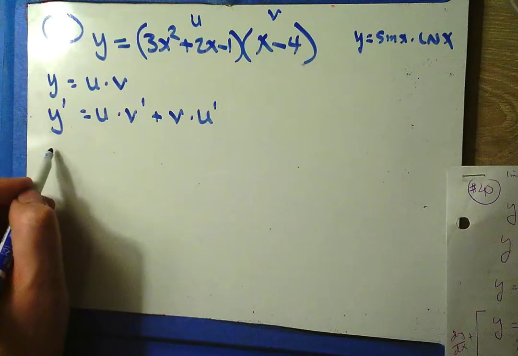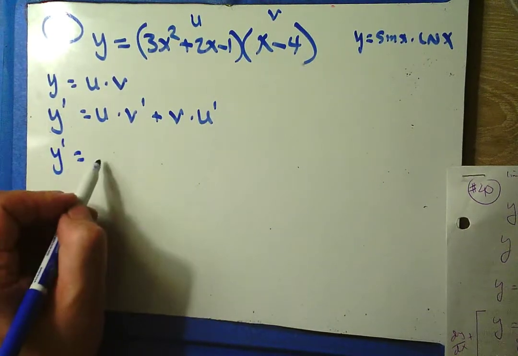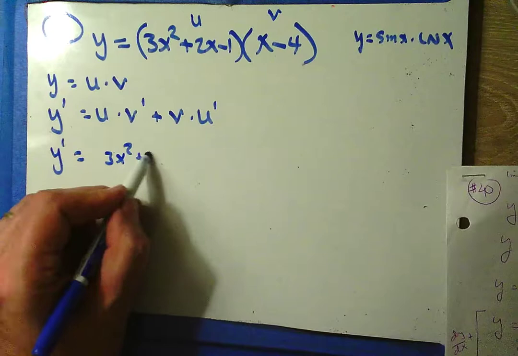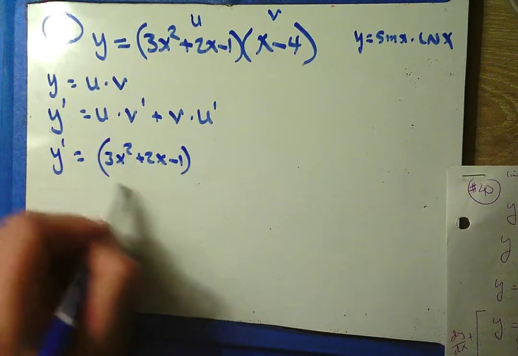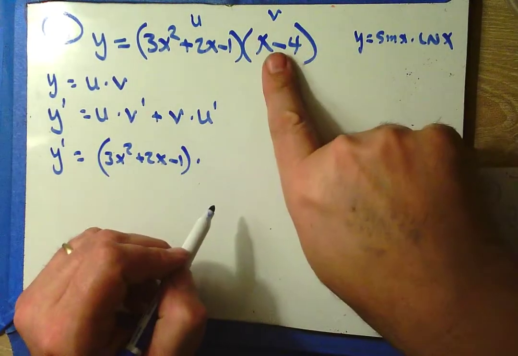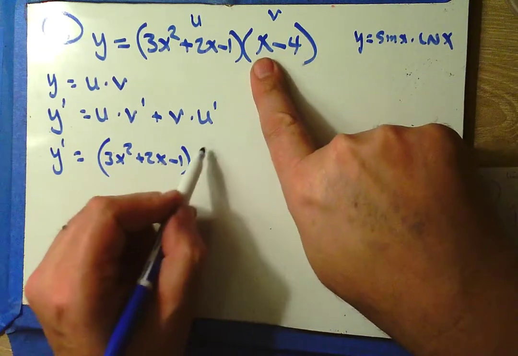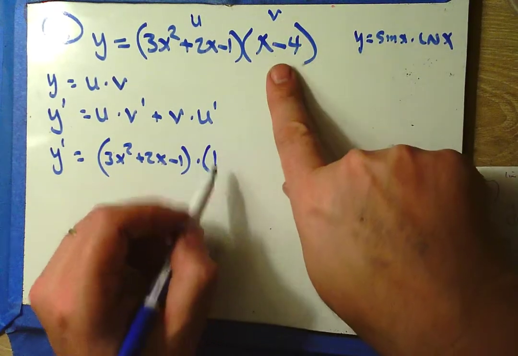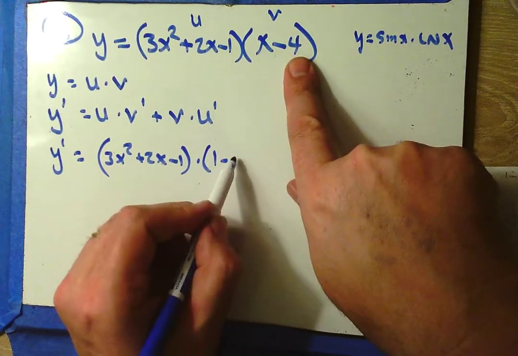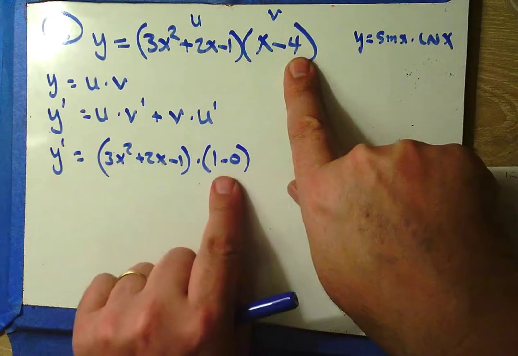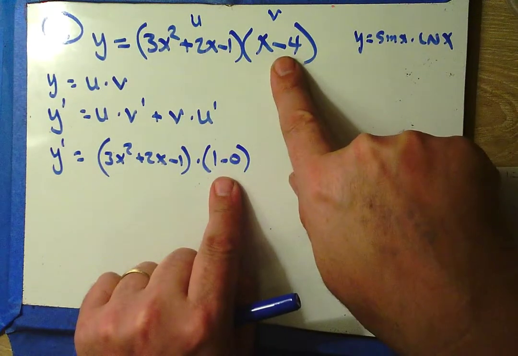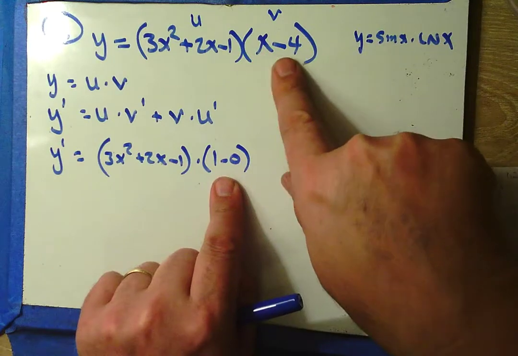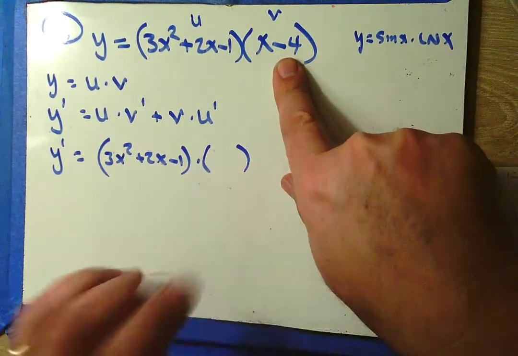Okay, so for us, y prime then will be 3x squared plus 2x minus 1 times the derivative of this. Well, the derivative of x is 1, and then we have our minus, and the derivative of a constant is 0. So really, this is just the derivative of 1x minus 4, which is just going to be 1.